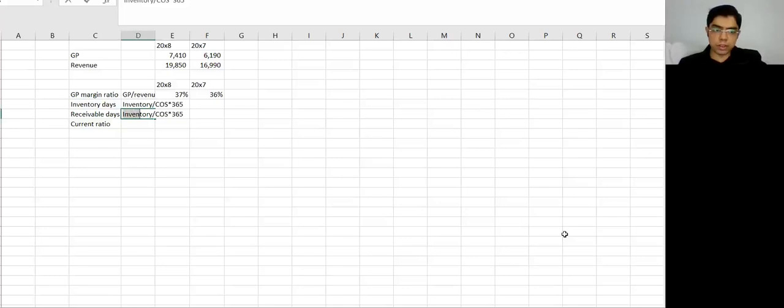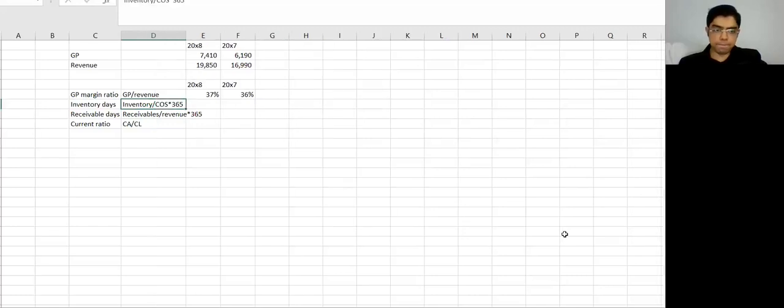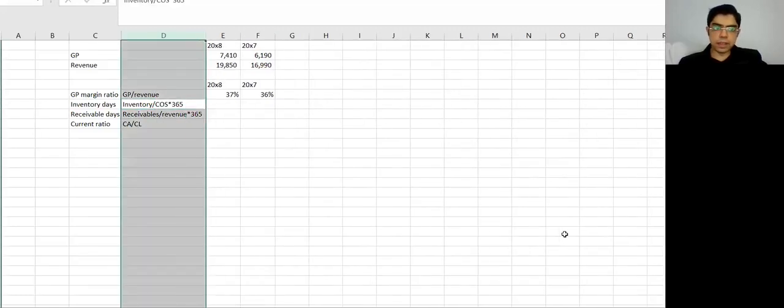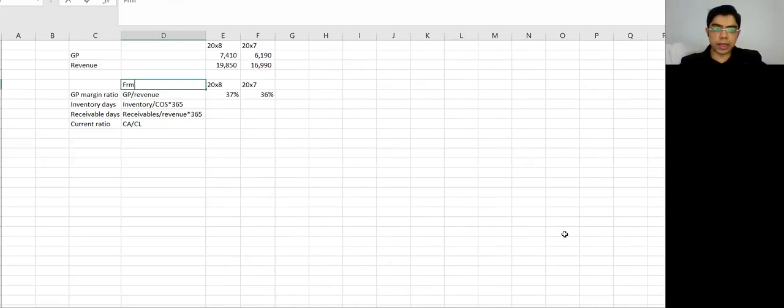What is the calculation of receivable days? Receivables divided by revenue multiplied by 365. Current ratio is current assets divided by current liabilities. So you have all these formulas, and you have the ratio.